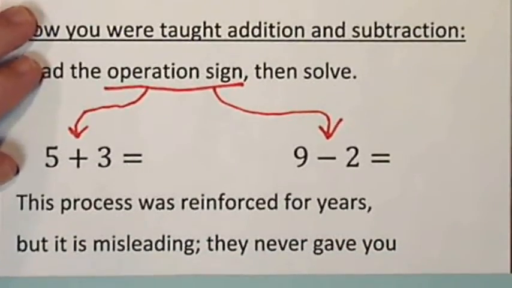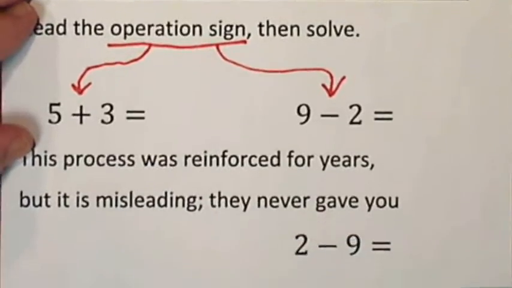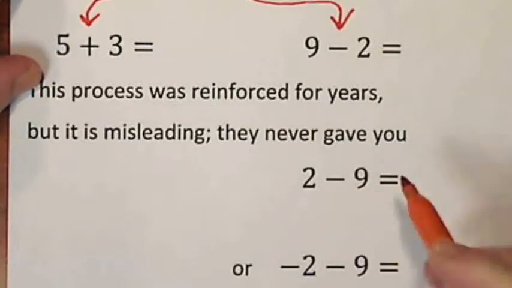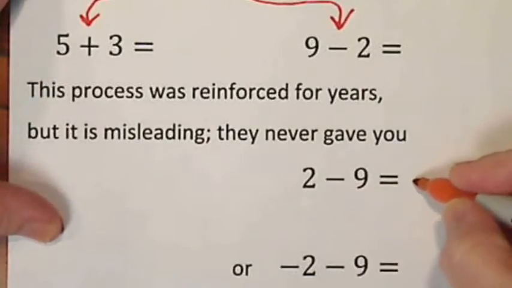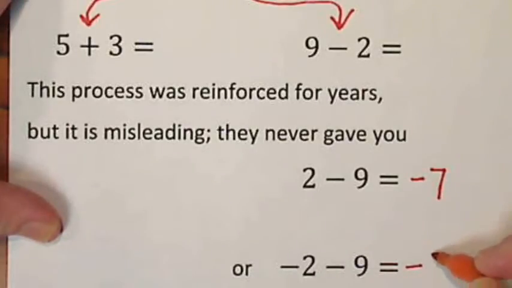The process was reinforced for years, but it is misleading. Okay? They never gave you a problem like either of these, because here the answer would be -7, and here the answer would be -11, and they didn't want to talk about negative numbers.